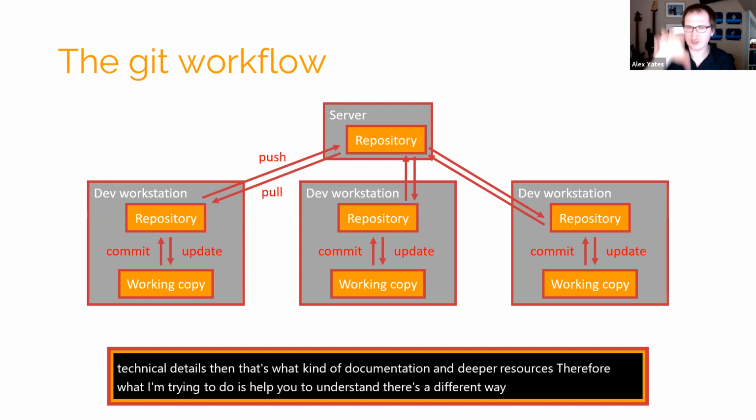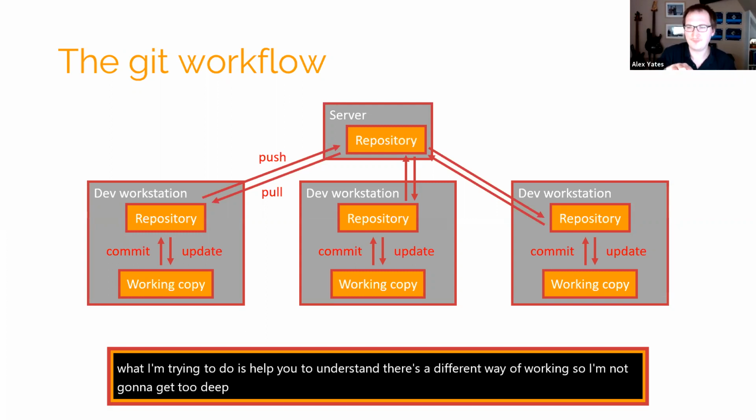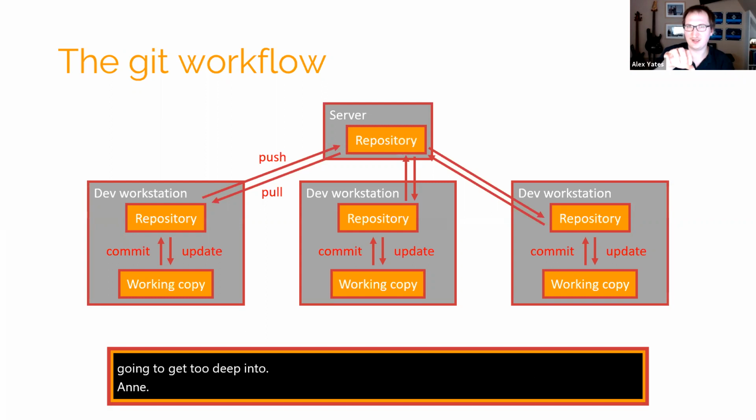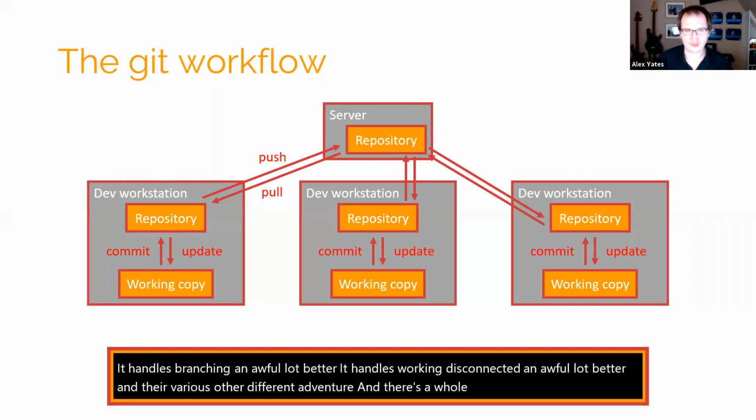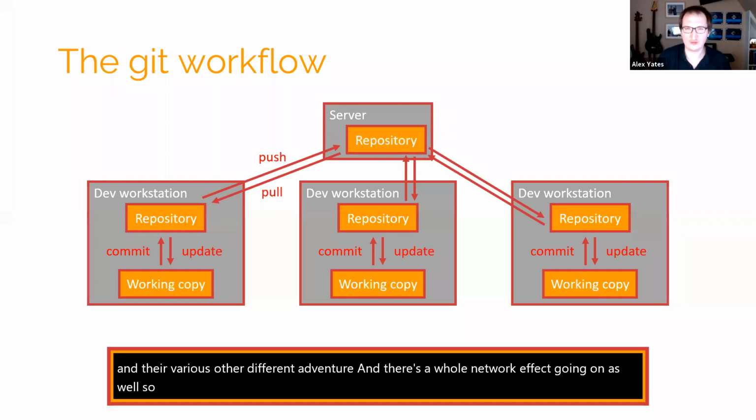So I'm not going to get too deep into the ins and outs of how Git works relative to centralized source control systems, but it handles branching an awful lot better. It handles working disconnected an awful lot better. And there are various other advantages. And there's a whole network effect going on as well. So Git is basically the source control tool we use.